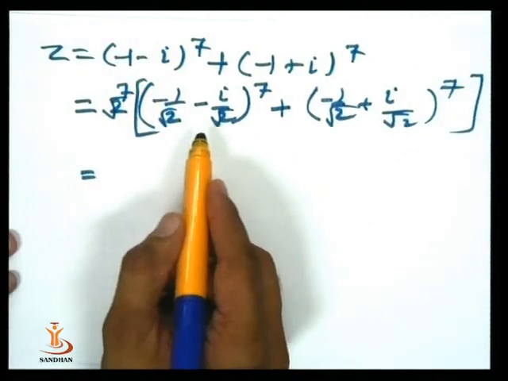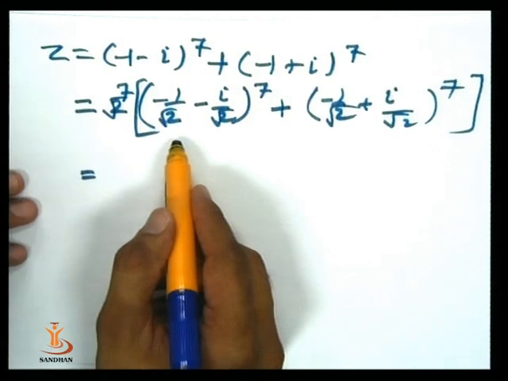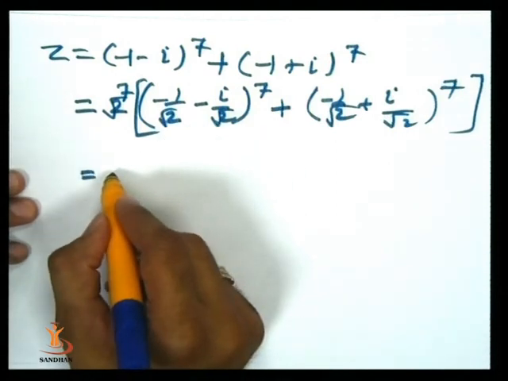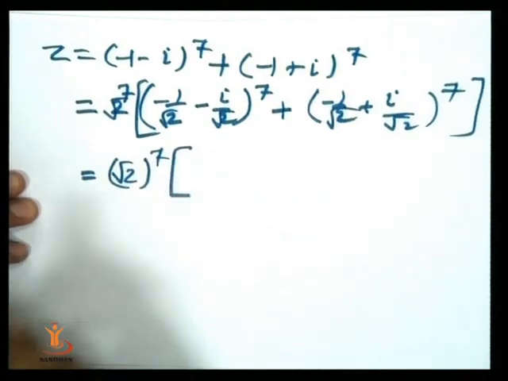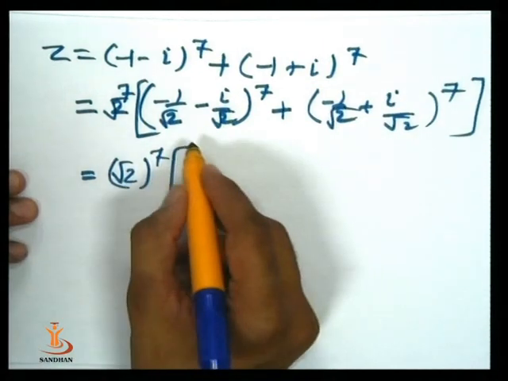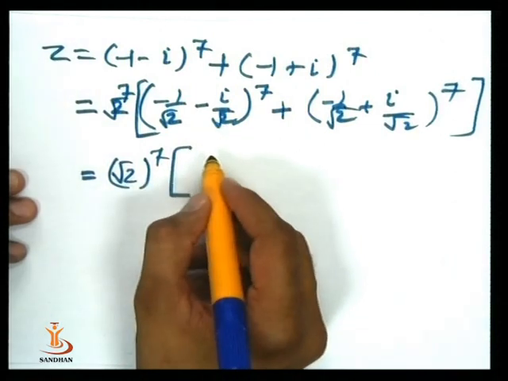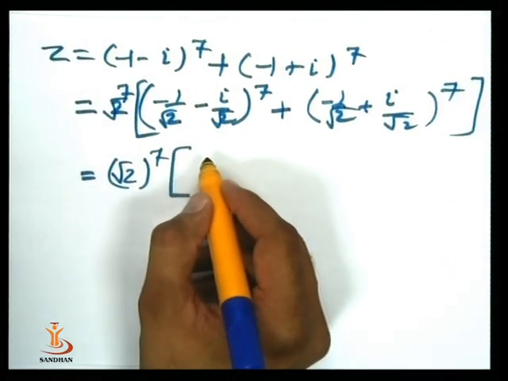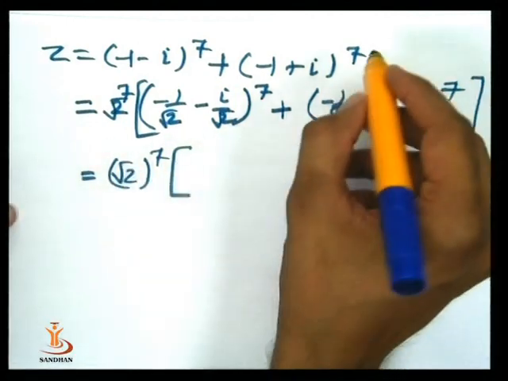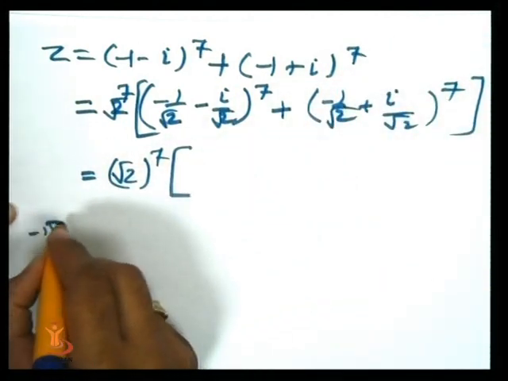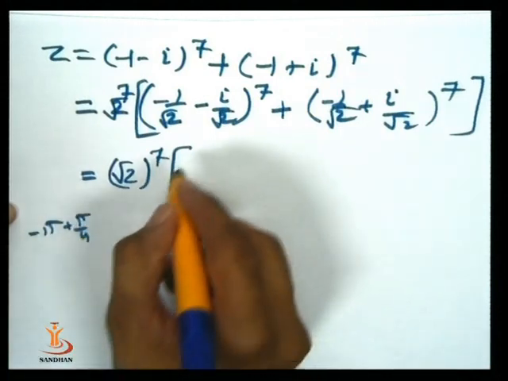The complex number lies in the third quadrant, so this can be written like this: root 2 raised to 7 times minus 1 by root 2 minus 1 upon root 2. That is, the angle is pi by 4, minus pi plus pi by 4. So minus 3 pi by 4.